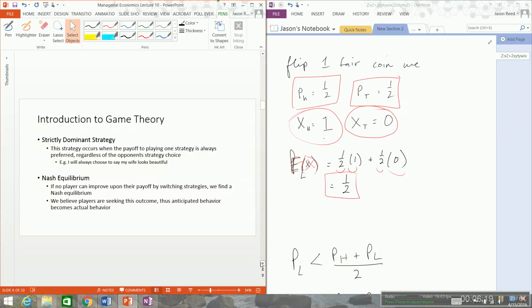So the strategy occurs when the payoff to playing one strategy is always preferred. This is a really interesting dynamic, which is going to come up every so often, which we'll see in class.